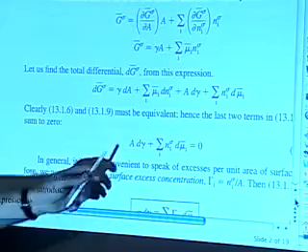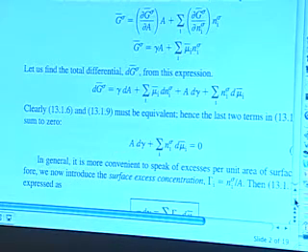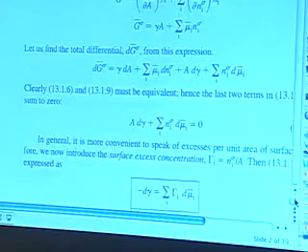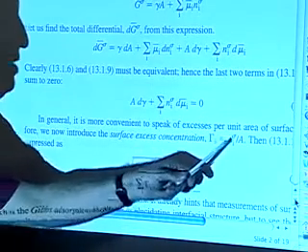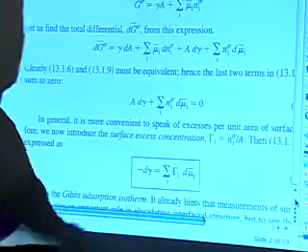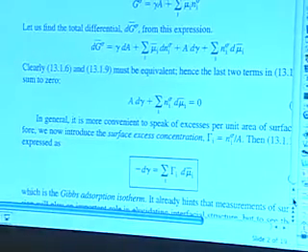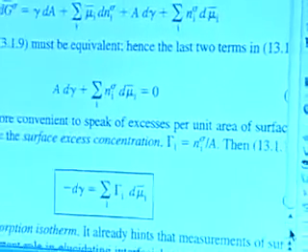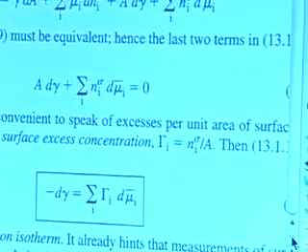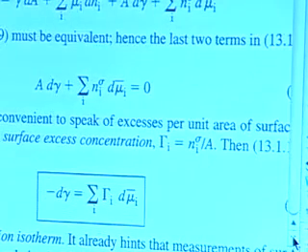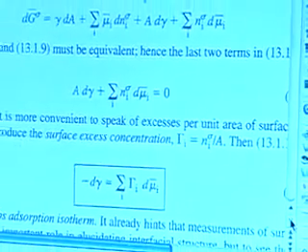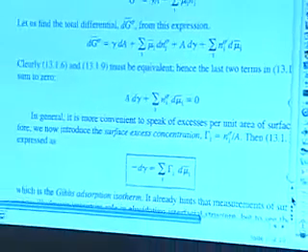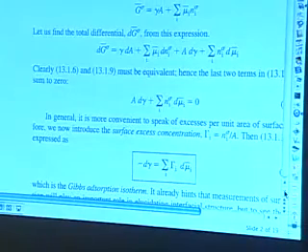So we'll divide this whole thing by area and define the quantity Γ_i to be the actual, not just number of excess of that species i, but the excess per unit area. So for those of you thinking about a surface, it might be the number of sodium atoms per unit area on that surface plane, or sodium ions adsorbed on a surface plane, right?